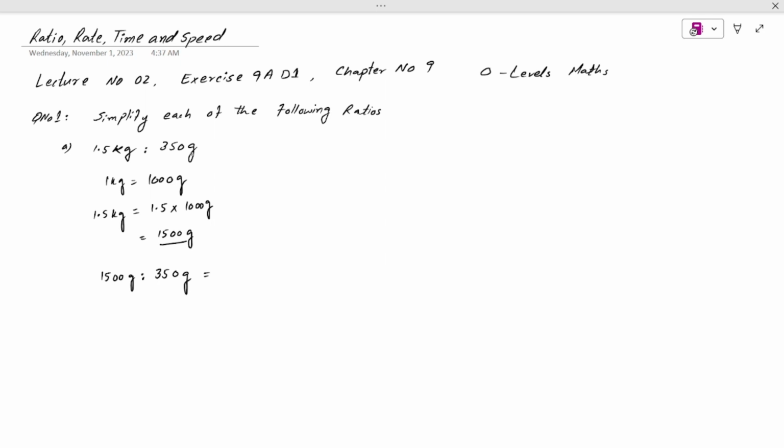You know that a ratio can easily be converted into a fraction. So let us convert it into a fraction as 1500 divided by 350.